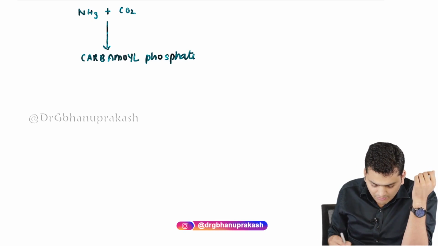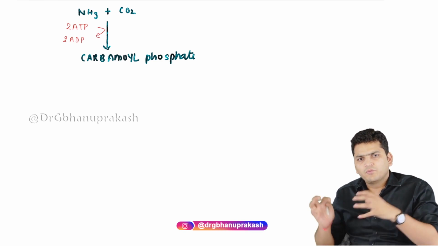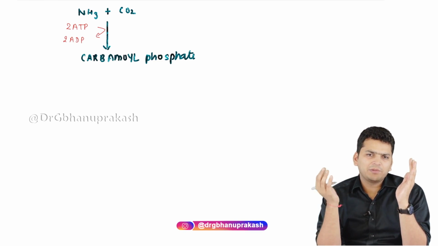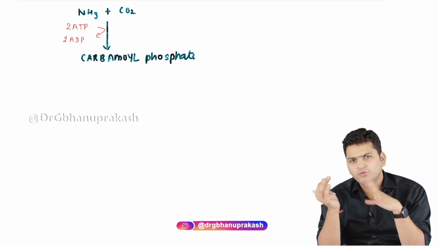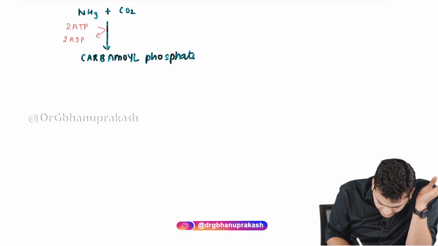In the synthesis of carbamoyl phosphate, we require 2 ATPs that convert into 2 ADP. So we are synthesizing a molecule using ATP, so the name of the enzyme will be synthase or synthetase. Yes, it is going to be synthetase. So the name of the enzyme is carbamoyl phosphate synthetase.